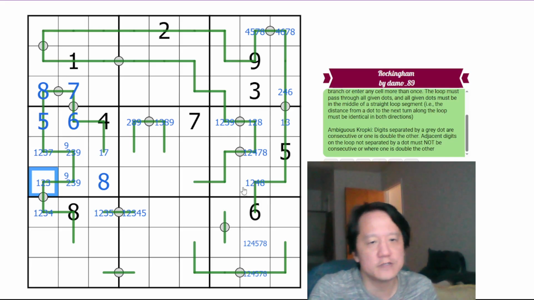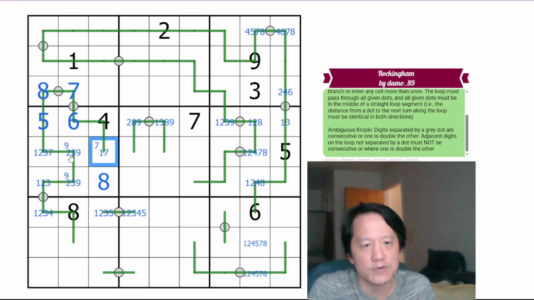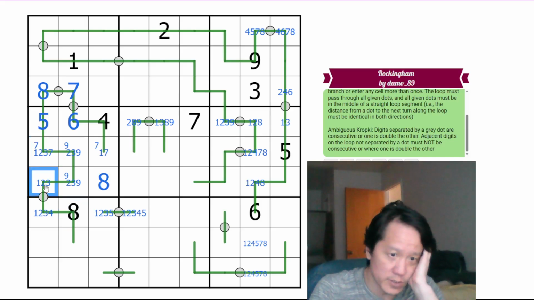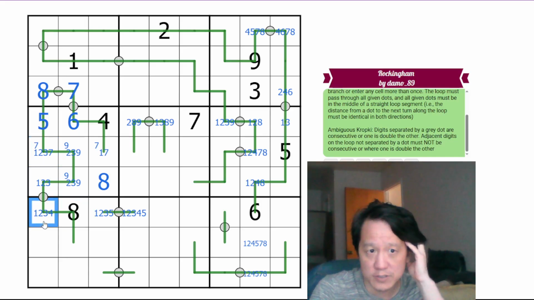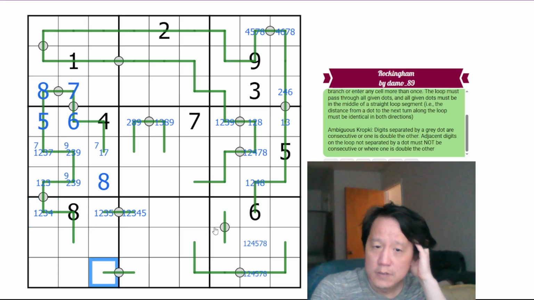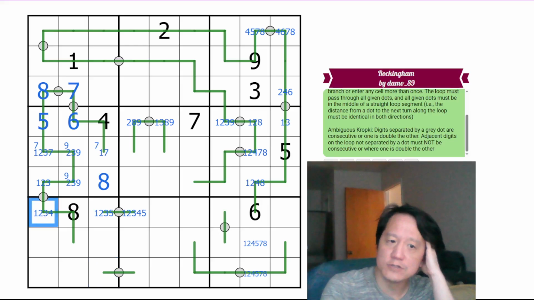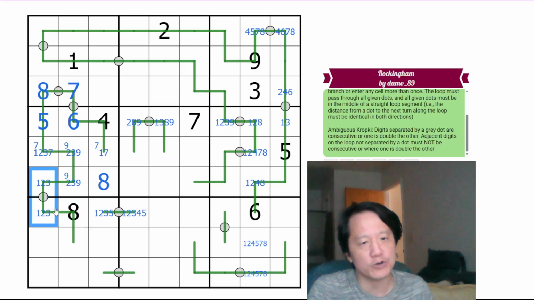So 7 is going to have to be one of these two digits here. Because 7 only can be consecutive with 6 or 8, and that's it. This can't be 4. That's in a 1 to 2 ratio with 8. So we know this has to be a 2 with 1 or 3 being on the other side.